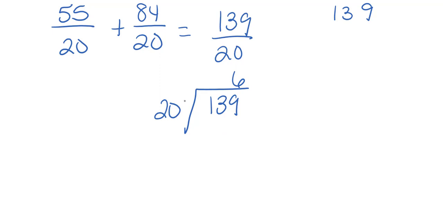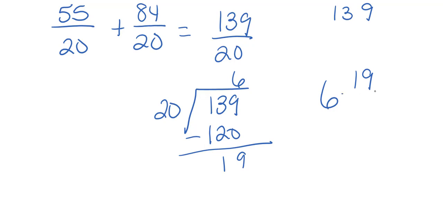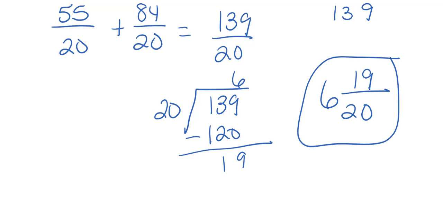So it's 6 times. 20 times 6 is 120. We subtract. We get 9 and 1. So we're left with 19. This remainder, the 19, becomes the new numerator. We have the 6 as our whole number, and then our denominator, which would be 20. So that would be our solution.